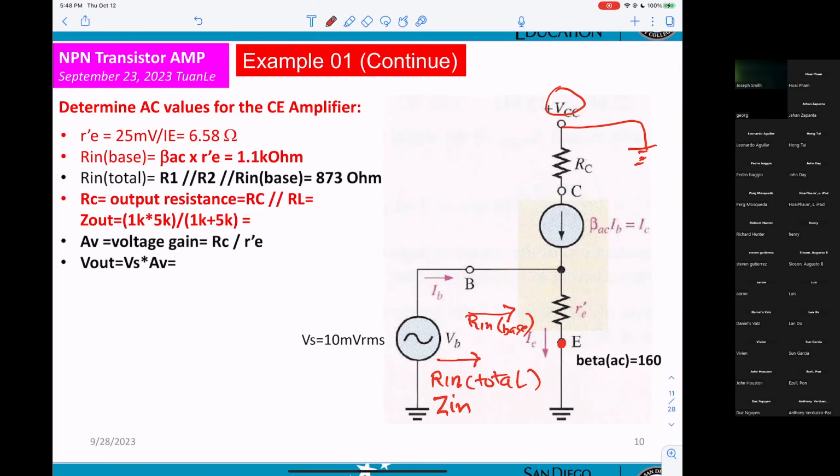And R in total includes R1 parallel R2 parallel R in base. Okay? If you want to calculate the R output, then it will be RC parallel to RL. And if you want to calculate the gain, it will be RC over r'e. Okay? And if you calculate the V out, you take the AV times V input.